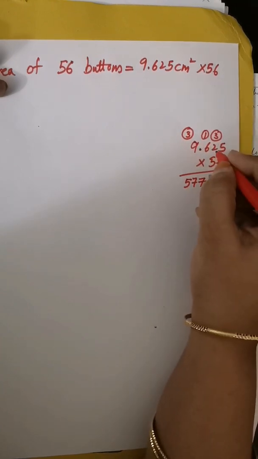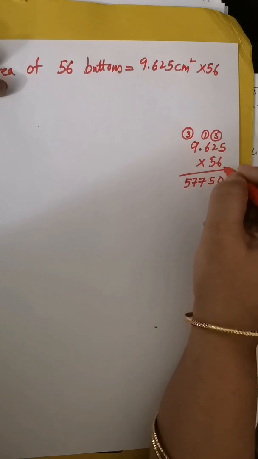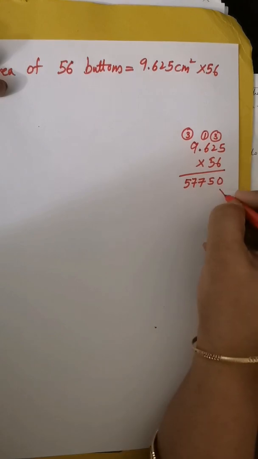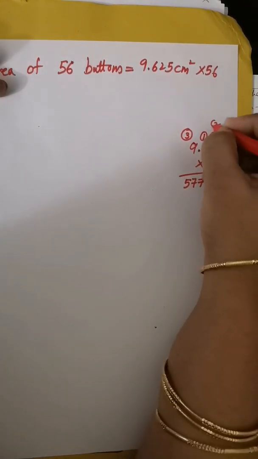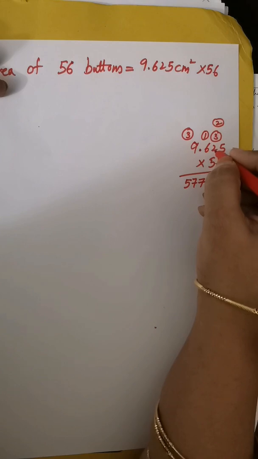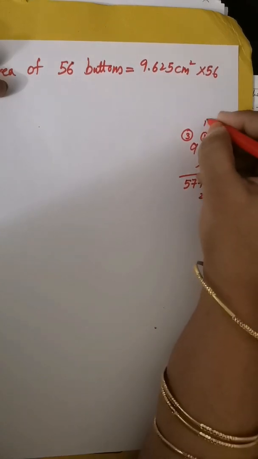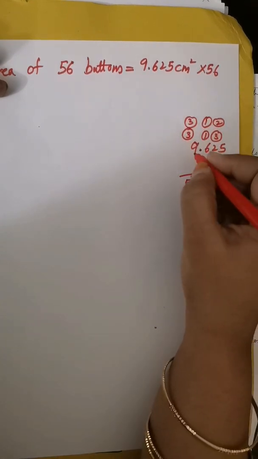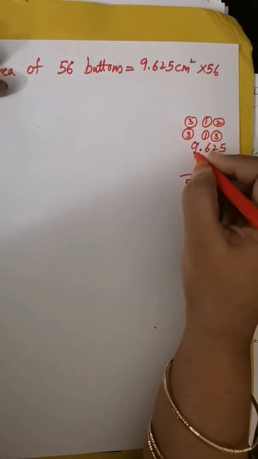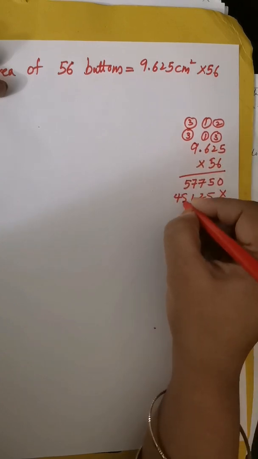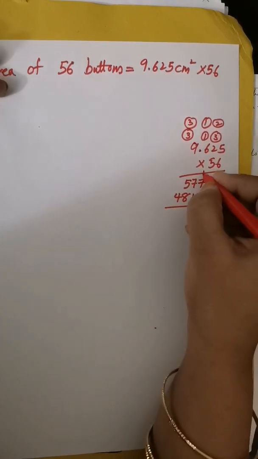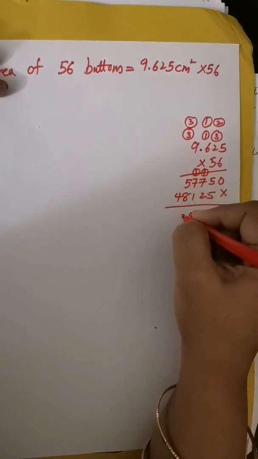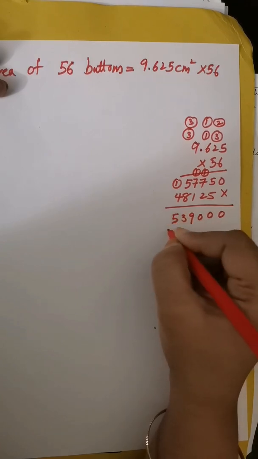6 5s are 30, 6 2s are 12, 15, 6 6s are 36, 37, 6 9s are 54, 57. Cross. 5 5s are 25, 5 2s are 10, 12, 5 6s are 30, 31, 5 9s are 45, 46, 47, 48. 0, 10, 10, 8, 9, 13, 5.